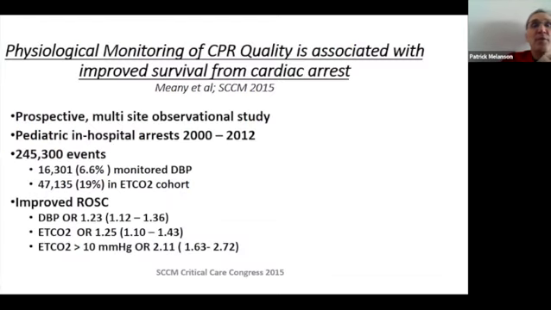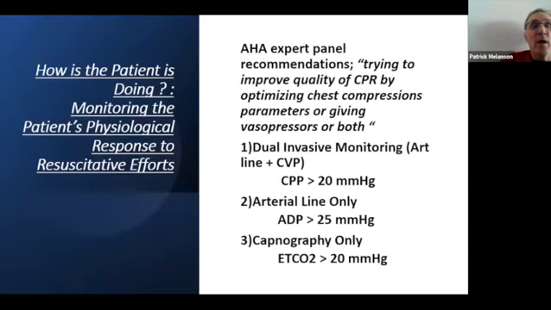Again, this is a paper from Meany, which was mainly from the pediatric large database they have across North America. They did a retrospective study demonstrating that pediatric patients who had dual or triple level physiologic monitoring, in other words, a CVP, aortic diastolic pressure with calculation of the coronary perfusion pressure, and end-tidal CO2, had more successful resuscitation than those that didn't.